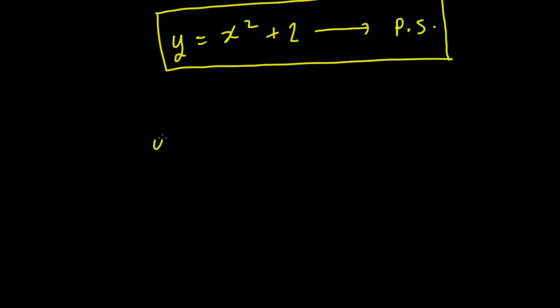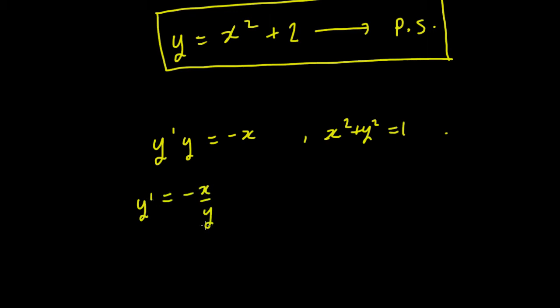So if we had the example as y derivative times y equals minus x, and we were asked to show that x squared plus y squared equals 1 is a solution to this differential equation. So we can rewrite the left hand side as y derivative equals minus x upon y.